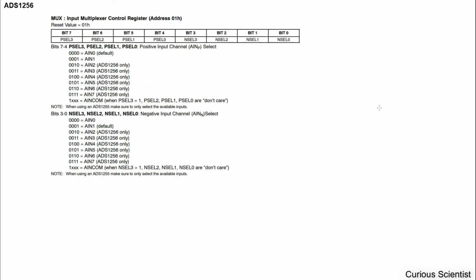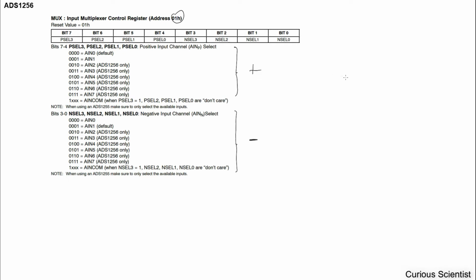So the next register is the mux or multiplexer register. This is register number 1. You can see the address here, and you can see that there are basically 2 groups. This is the first group, which is the positive input channel, and then you have the group, let's call it B, or the negative channel.